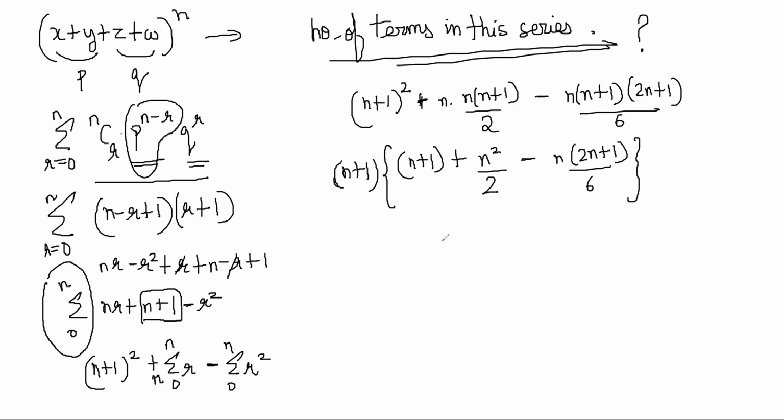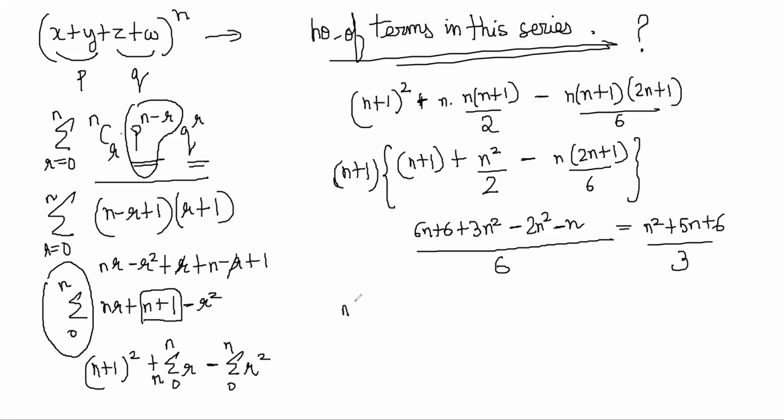Take 6 as the common denominator: 6n plus 6 plus 3n square minus 2n square minus n. So the inside part becomes n square plus 5n plus 6, which is simple to factorize. It becomes n plus 1, n plus 2, n plus 3 by 6.